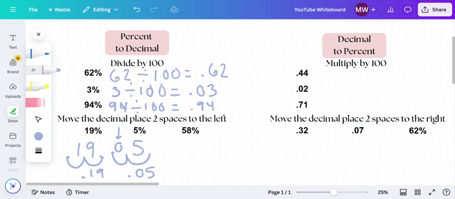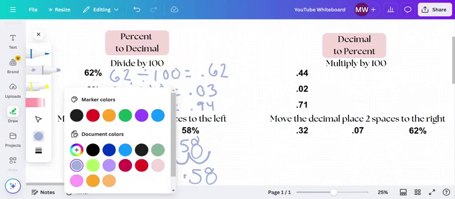Our last example for this would be 58%. So I'll write 58. I don't see a decimal point, so that's at the end here. I'm going to move it 2 spaces to the left, 1, 2. So 58% written as a decimal would be 0.58.